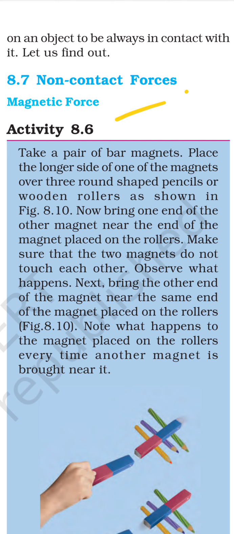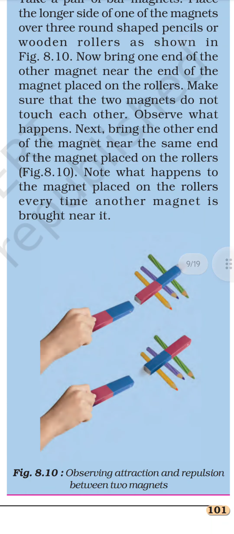Next, bring the other end of the magnet near the same end of the magnet placed on the rollers. Note what happens to the magnet placed on the rollers every time another magnet is brought near it. Here, figure 8.10 shows observing attraction and repulsion between two magnets.